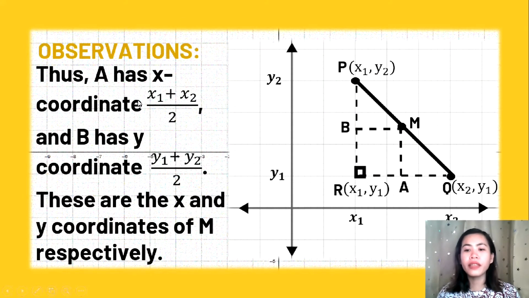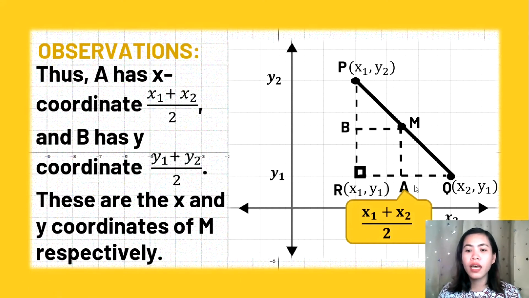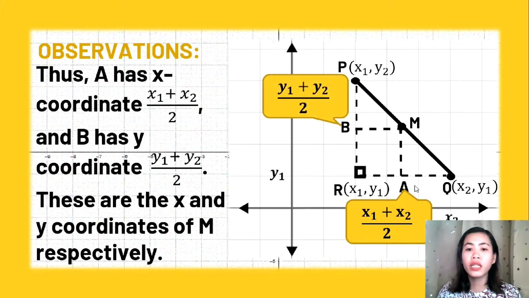And since si point A is the midpoint of line segment RQ, ang x-coordinate niya is x sub 1 plus x sub 2 over 2. Average lang ng x value ng line segment RQ. And point B is the midpoint of line segment PR. Its y-coordinate is y sub 1 plus y sub 2 over 2.